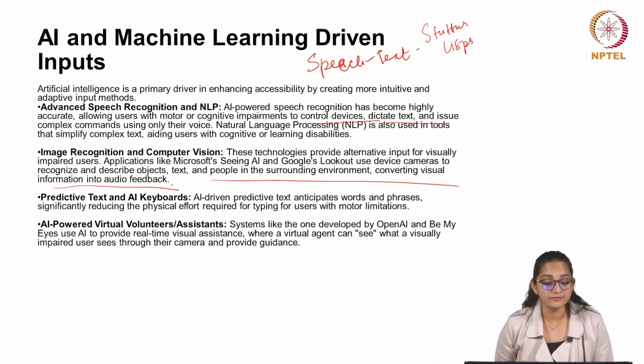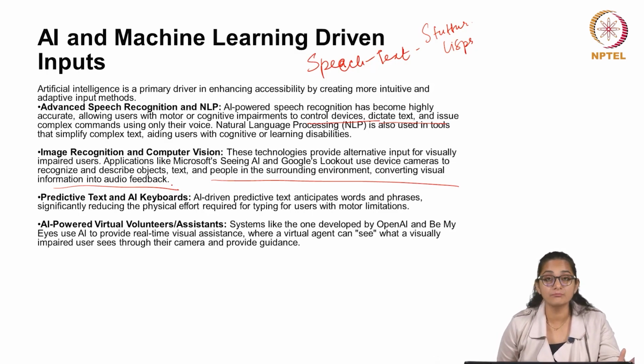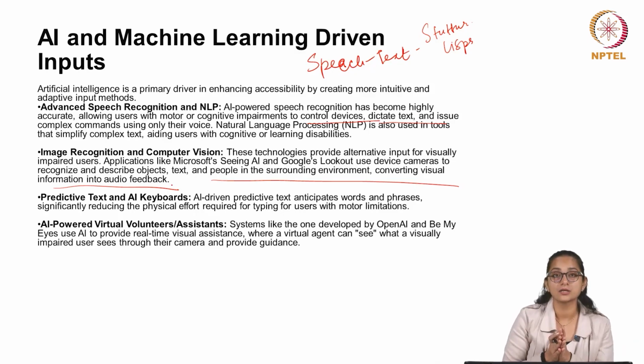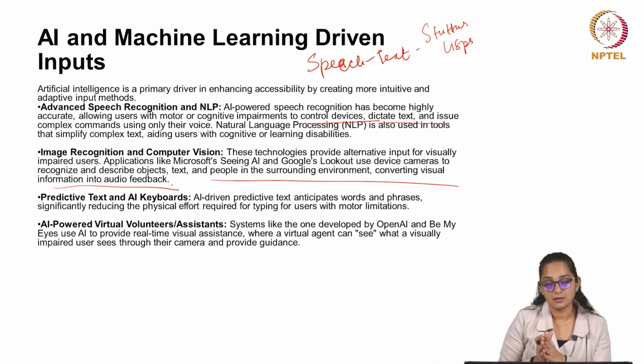Then there are definitely AI powered virtual volunteers or assistants or systems like the one developed by OpenAI and Be My Eyes, which use AI to provide real time visual assistance where a virtual agent can see what a visually impaired person sees through their camera and provide guidance.